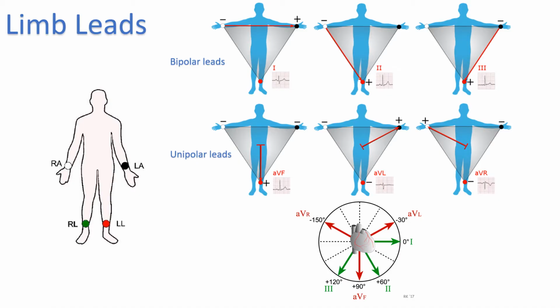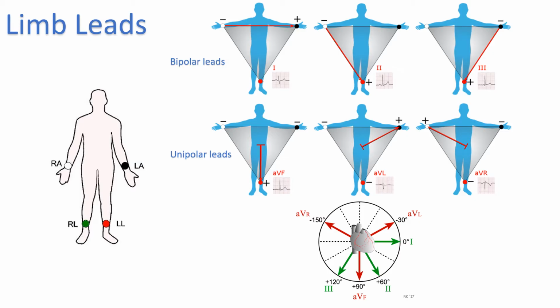Using data from the negative charge on the right arm and the positive charge on the left arm, they generated lead 1. This is called a dipolar lead because it uses data from 2 points. The negative charge is the reference, and the positive charge is actually exploring the electrical current of the heart.